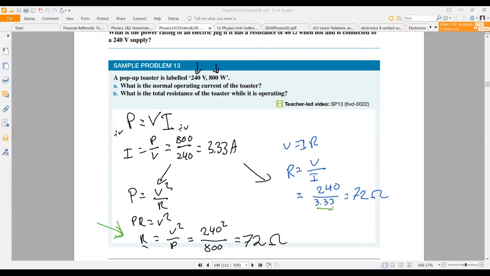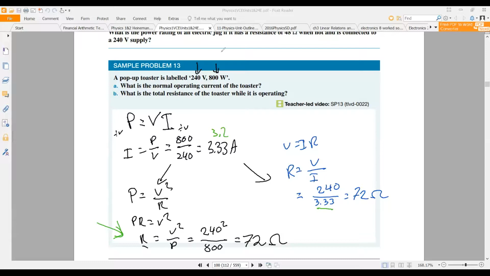That doesn't make a difference, okay? What if I had made a mistake? What if when I did this question here, I put it into my calculator and for some reason it didn't come out to be 3.3? It came out to be, I don't know, let's go with 3.2, because maybe I put in 250.